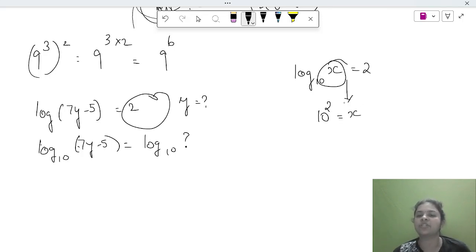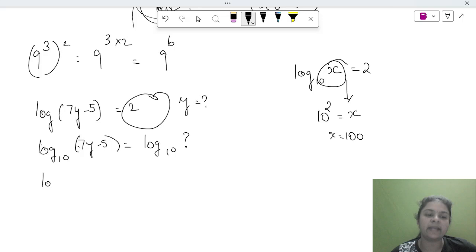So is this conversion clear? Okay, so the base will remain as it is, the value on the right side stays as the power, and whatever the log asks for is what comes as the answer. So what is the answer? x is equal to 100.